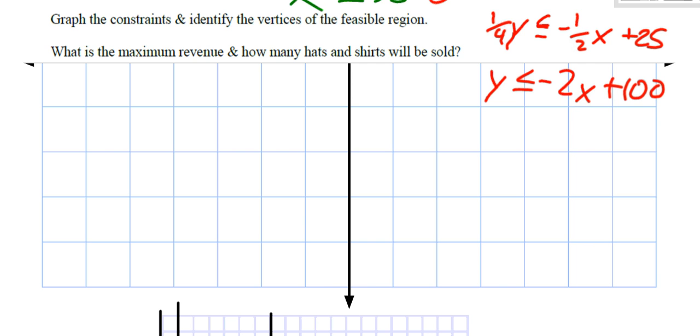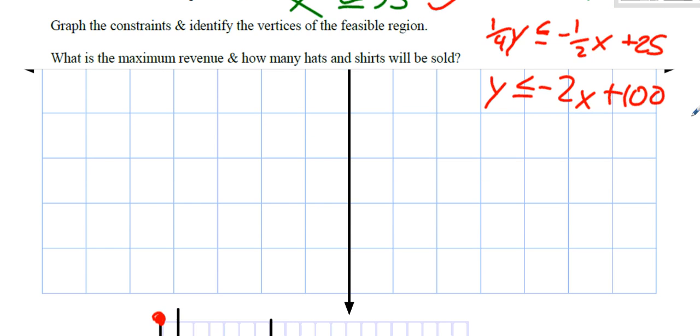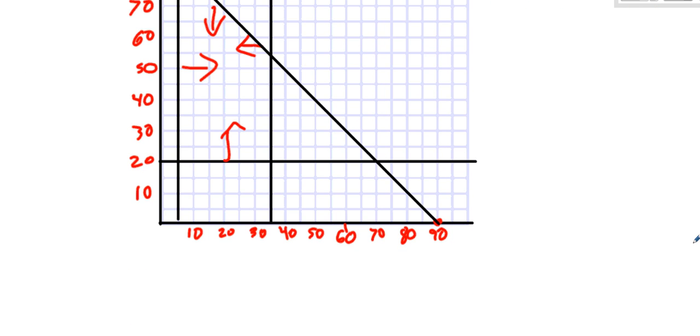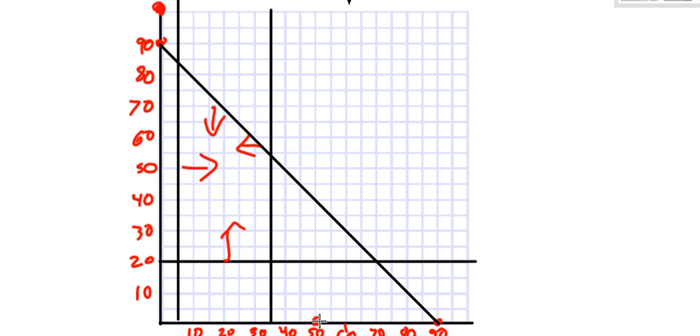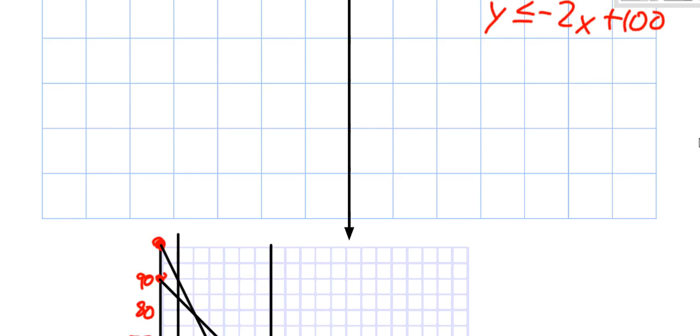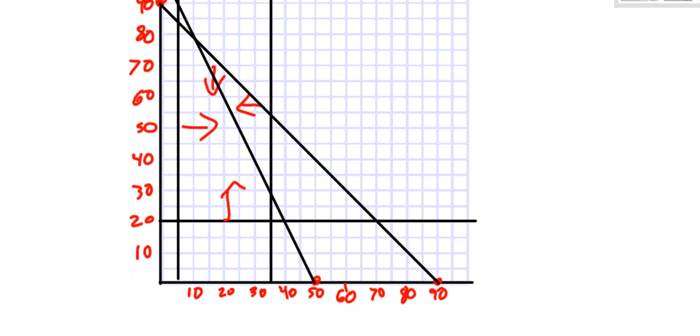When you graph that, starts at the y-intercept of 100, goes down 2 over 1, so it's going to go down 100 and over 50. It'll end right there. And that is also a less than equation. So it was inside this region, also needs to be less than this line, so we have this weird shape.